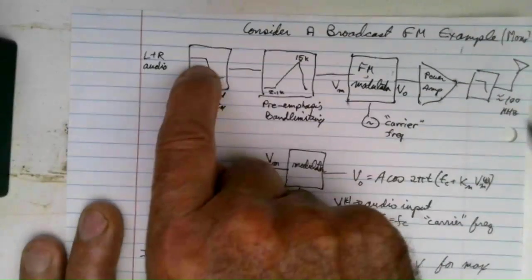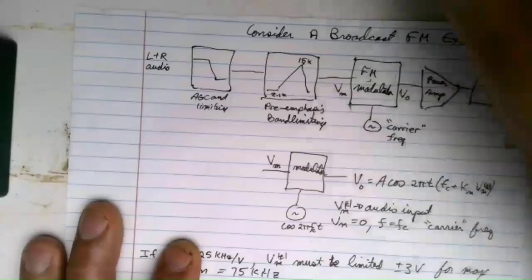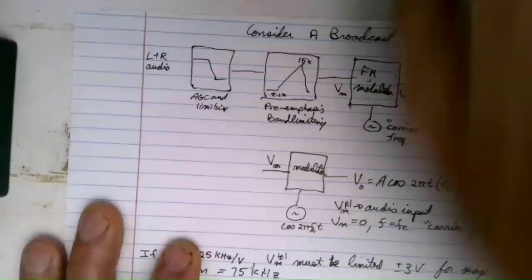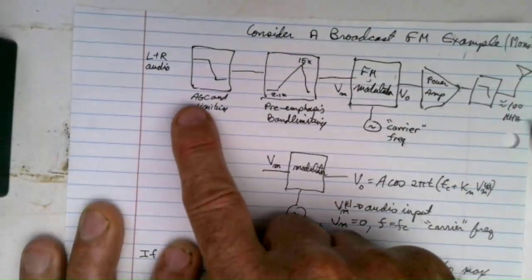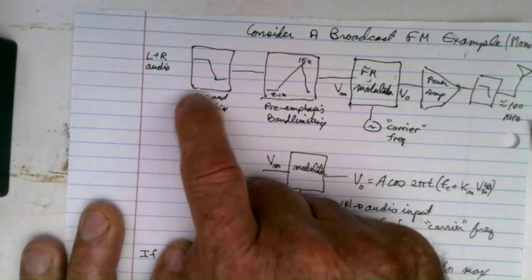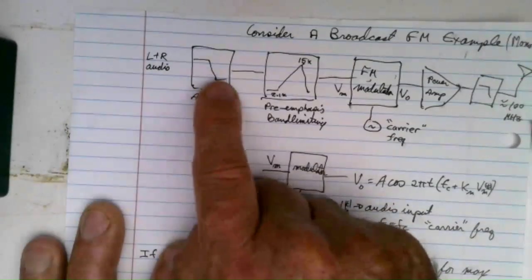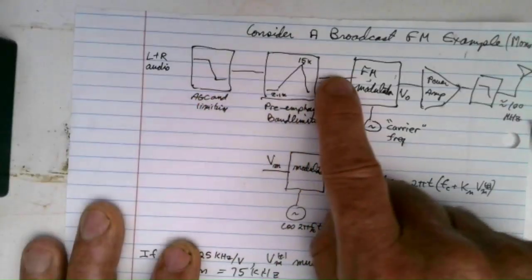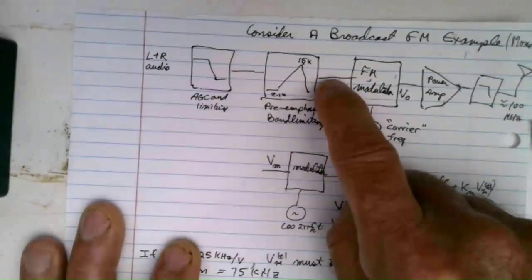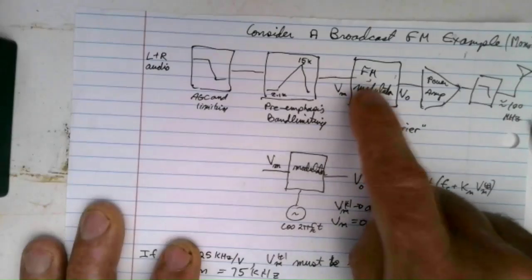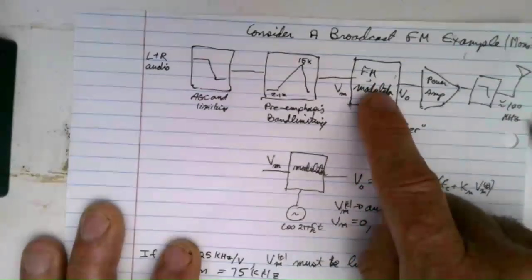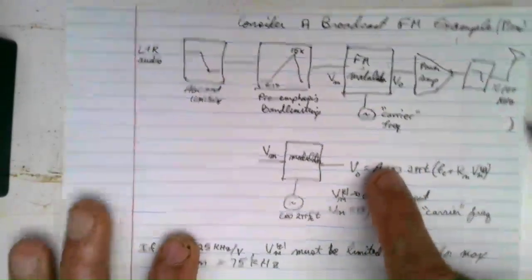This block must have AGC, automatic gain control, to adjust the gain of your audio path, and then in case the AGC can't react quick enough, a hard limiter there, so that this voltage is not so high that you have too much bandwidth coming out of your FM modulator.